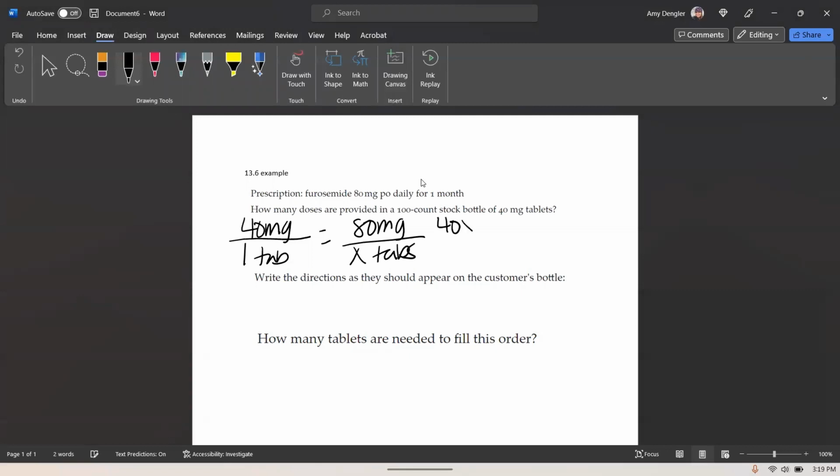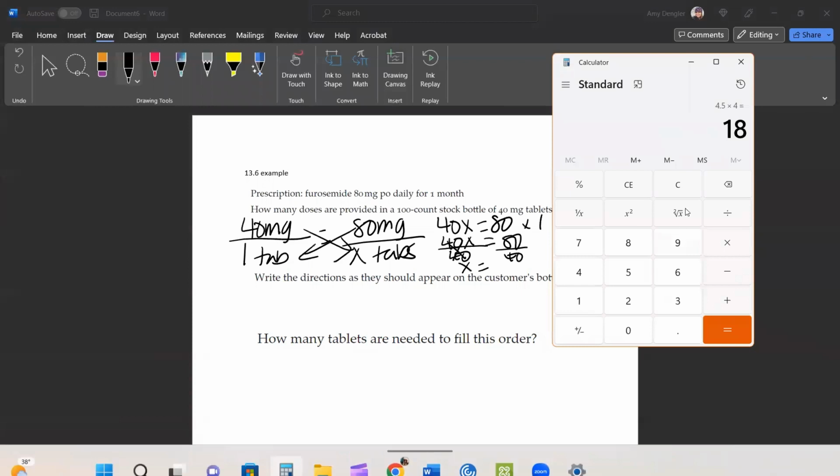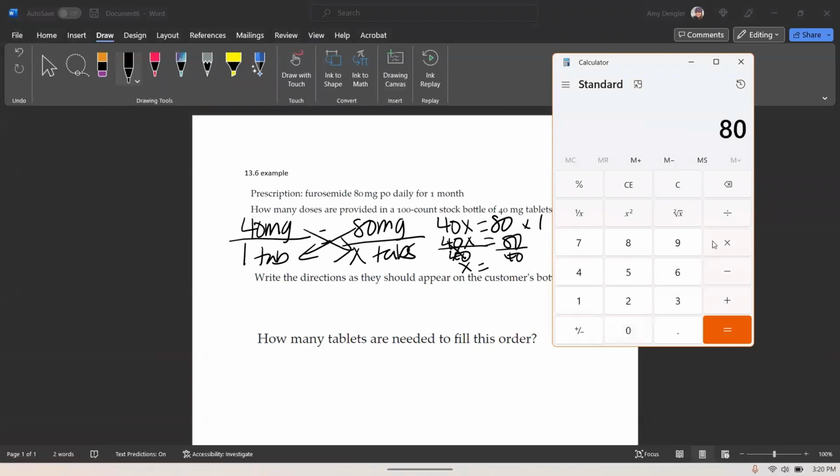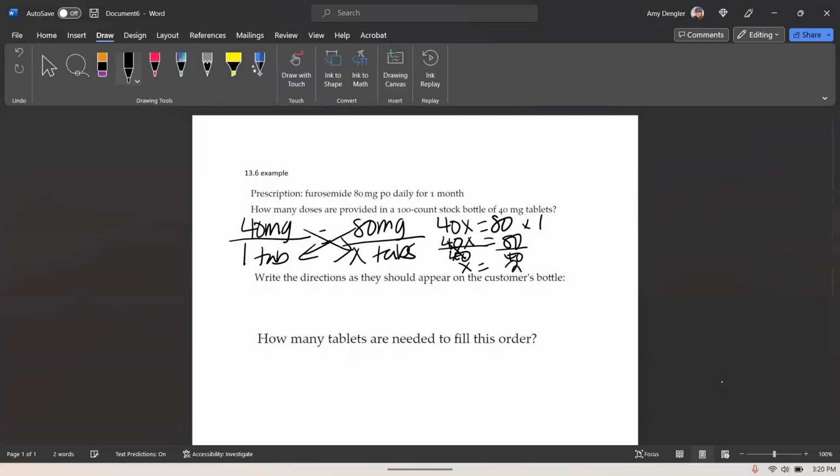If we do our math, 40x is equal to 80 times 1, which is just 80. We want to get x alone, so we need to divide both sides by 40. So 80 divided by 40 is 2. So that means there's 2 tabs needed per dose.